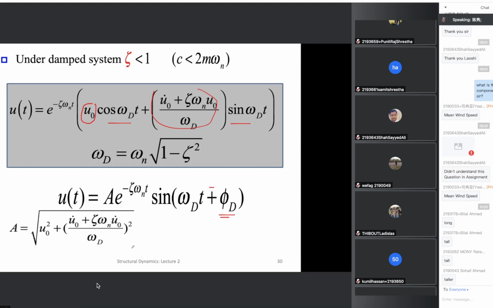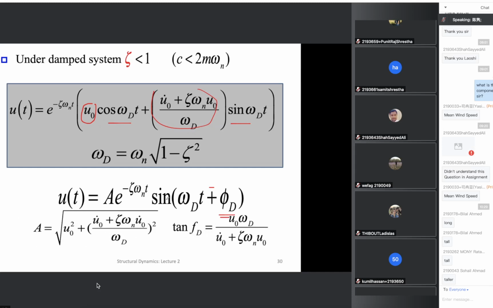This A is the vibration amplitude. If you use a sine here, the phi d should be given by the tangent, like this. If you express this as sine omega t sine phi d, then cosine, then you get phi d with the arctangent, like that.